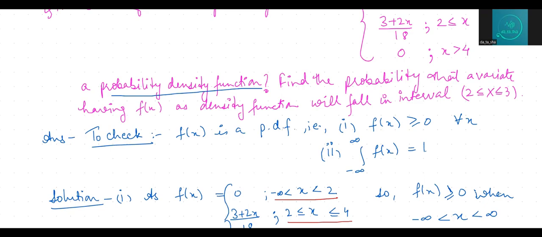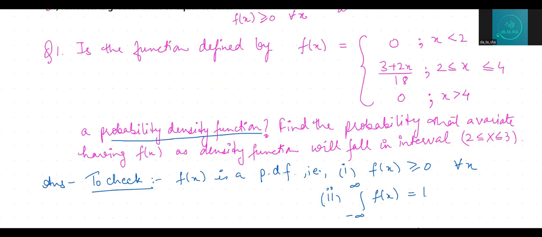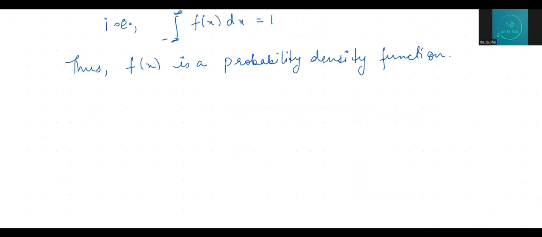So this f(x) would be the density function for that particular random variable, will fall in the interval 2 to 3. So now what we need to find? The probability of the random variable in the interval 2 to 3. Now what would this be equal to?